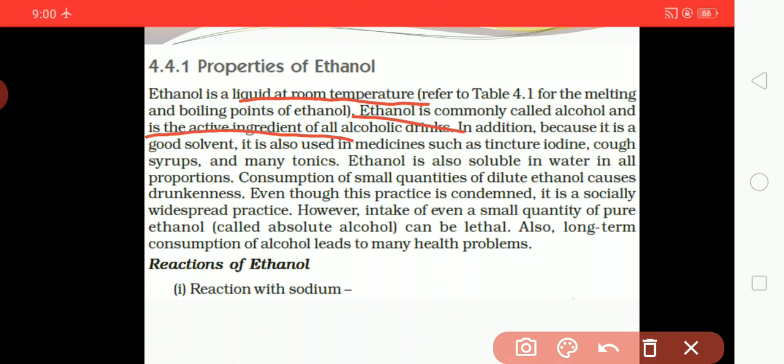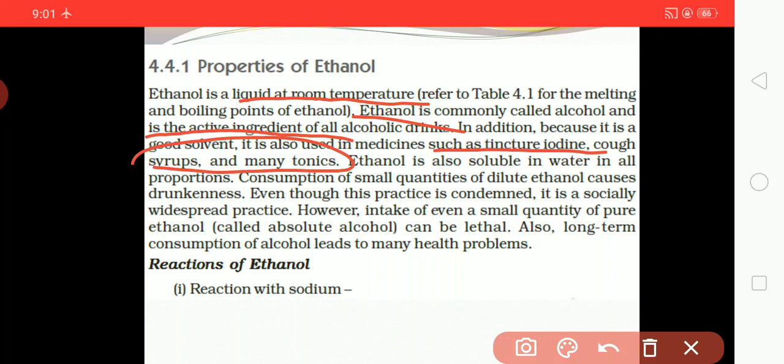In addition, because it is a good solvent, it is also used in medicines such as tincture of iodine, for which alcohol is used, cough syrups and many tonics. So you can see that ethanol is used for medical purposes.